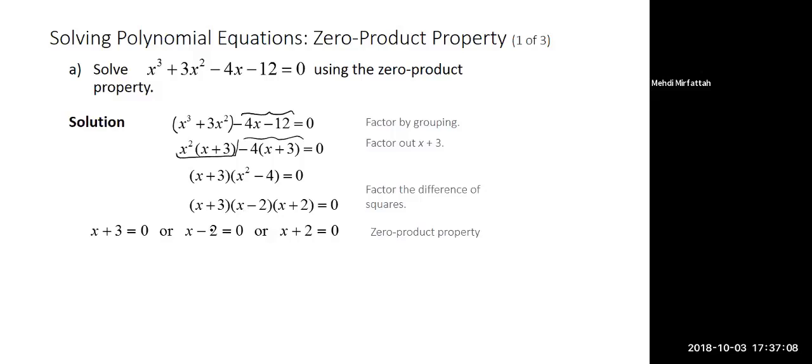x minus 2 is equal to 0 and x plus 2 is equal to 0, so we get x equal to plus and minus 2. So our 3 solutions are negative 3, negative 2, and 2. We're basically using the factoring method to solve for x. The solution set would be negative 3, negative 2, and 2, which we can write in brackets.